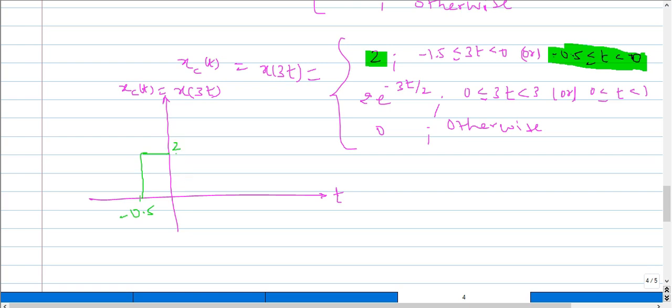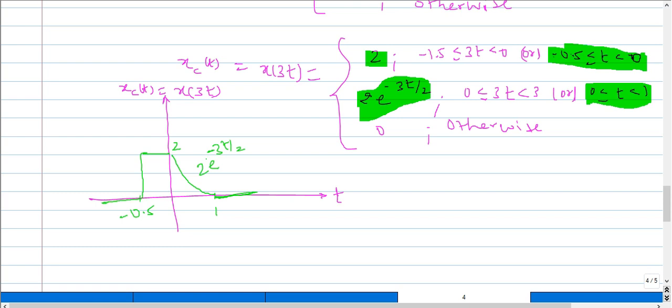After that, from 0 to 1 it is 2 to the power minus 3t by 2, and it is 0 after that, and 0 in this range also.